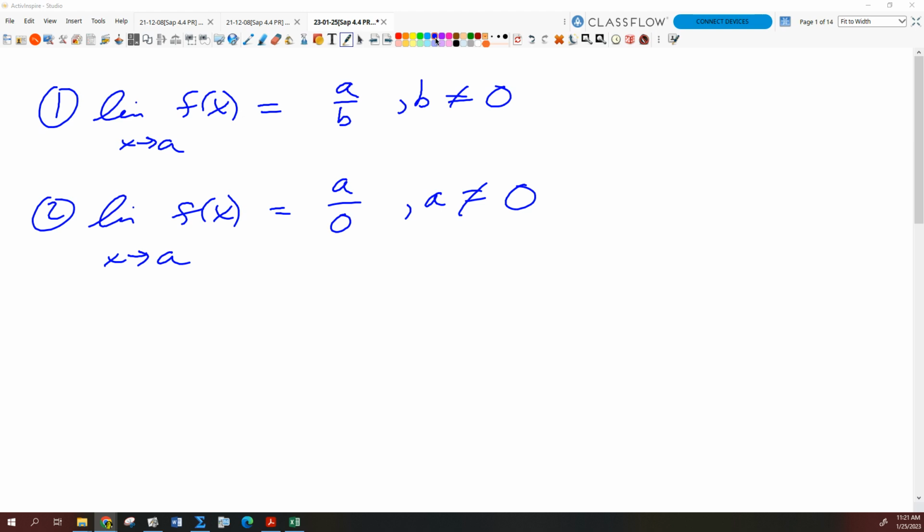Now, the third thing was the thing that always required us to do more work. That's what the assignments were mostly on, right? This was the type where the limit of f of x as x approached a equaled what? 0 over 0, yeah.